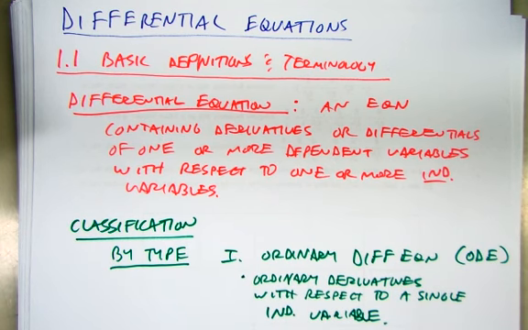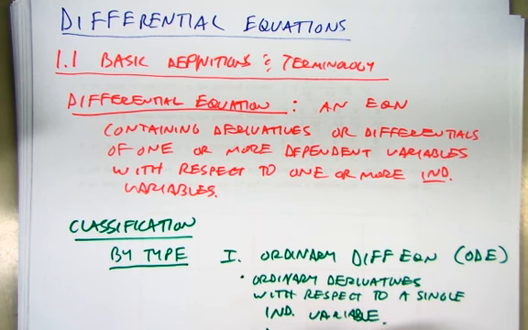So, for example, dy/dx equals minus x over y squared. This would be an example of an ordinary differential equation.